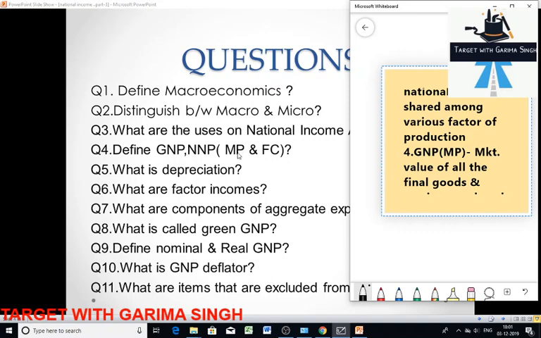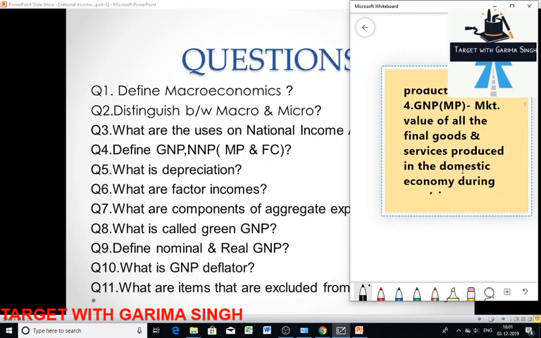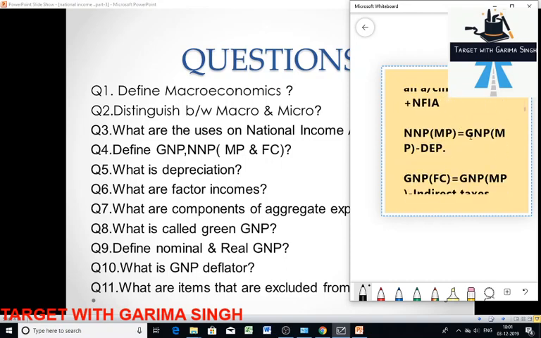Then NNP at market price: when depreciation is deducted from GNP at market price, we get NNP at market price.